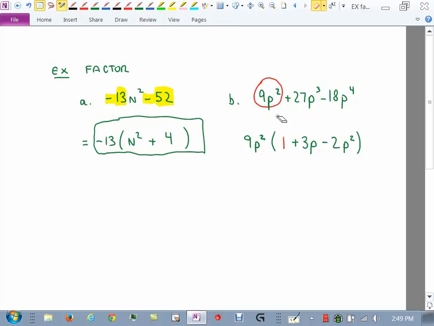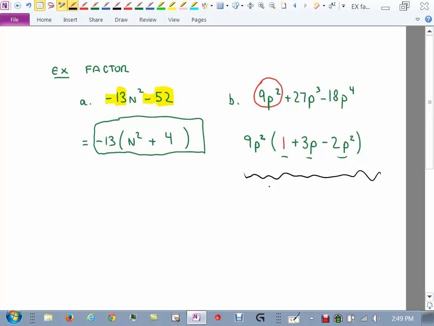Now, we still have to address what's inside here, right? We have to look at what's inside here. How many terms do we have there? There are 3, right? We have 1, 2, 3. So we may have to do now an AC method on this. So let's try an AC method. What I'm going to do is go to a different color.